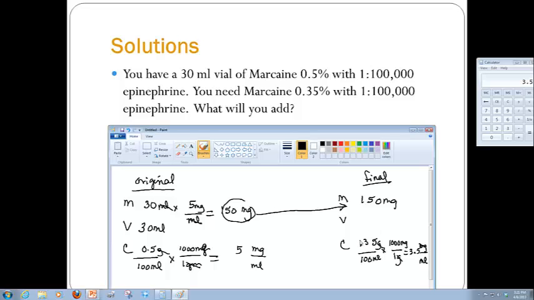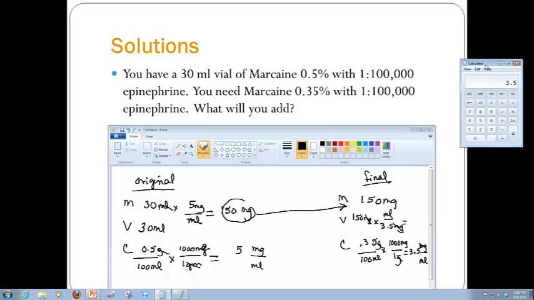When you know two factors, you can calculate the third. 150 milligrams times 1 over 3.5 milligrams in every milliliter allows me to cancel milligrams in the numerator and denominator.